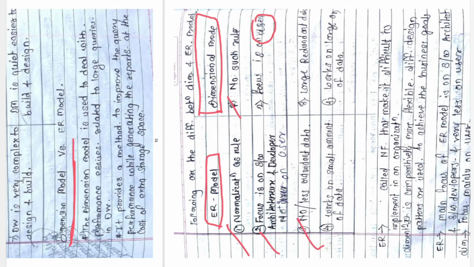Then number 3, in the ER model there will be no redundant data. If there is redundant data, the query will not get executed, or it will show some kind of inconsistencies.